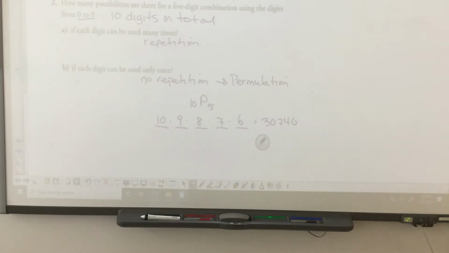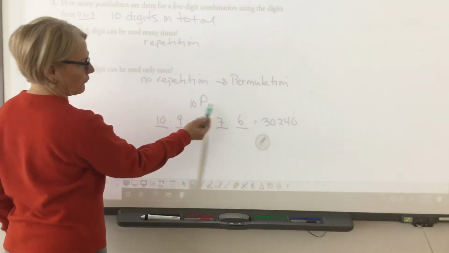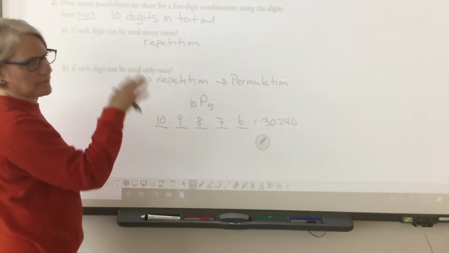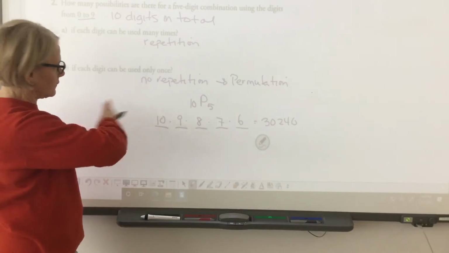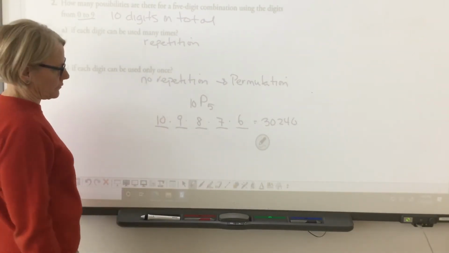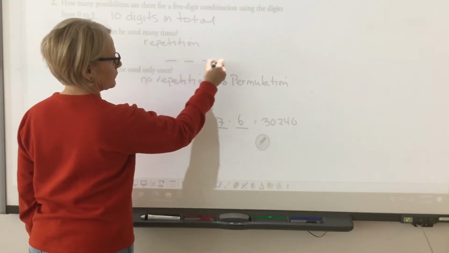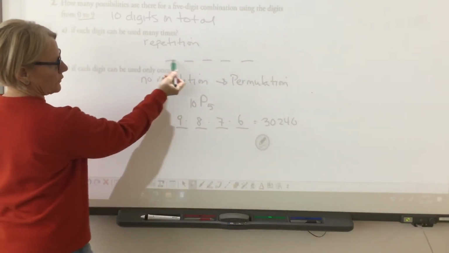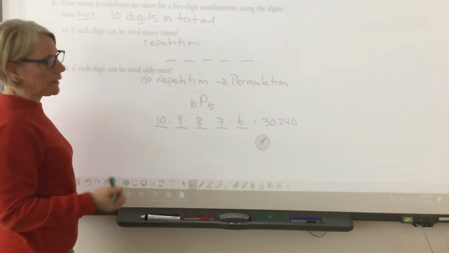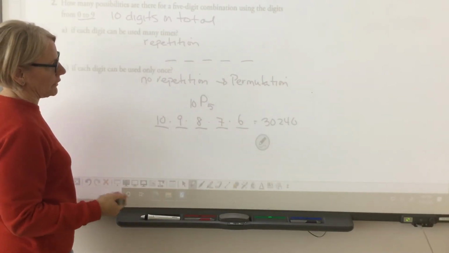So if I go back up to the repetition one now, I can't do 10P5, but I also can't do 10C5, because that's a totally different concept. So with repetition, I'm going to think about the slots, putting the dashes down, and I'm going to think about, well, if I'm allowed to repeat, how many do I have available each time?